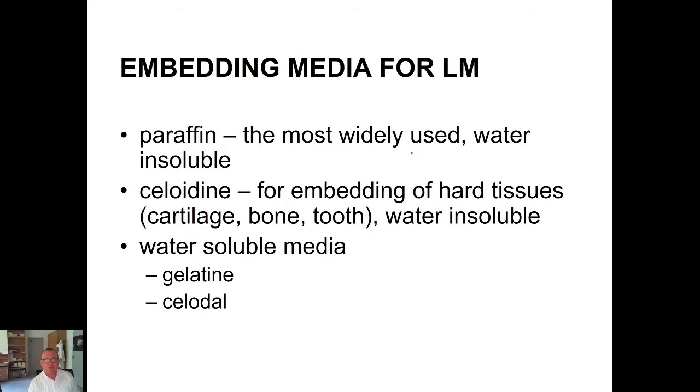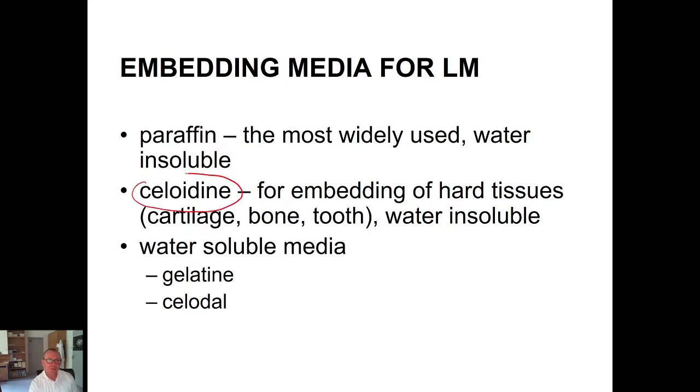It's water insoluble, and maybe 99% of tissues in histological laboratories worldwide are embedded into paraffin. For light microscopy can be also used a harder material than paraffin, which is called celloidine.